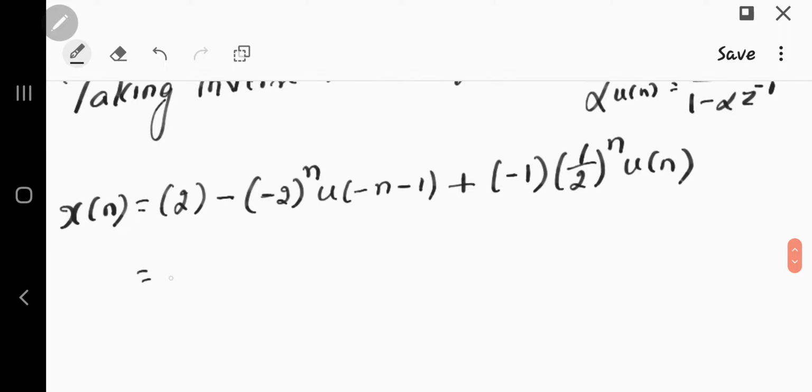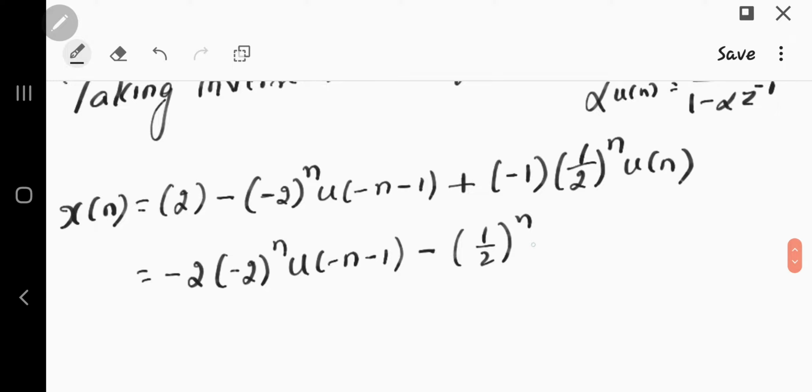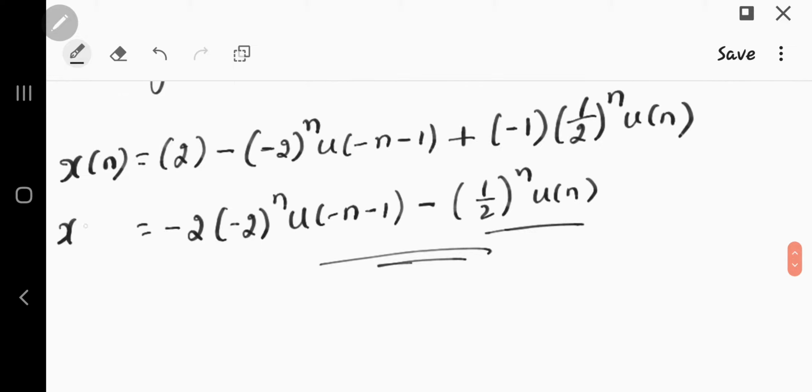Now simplifying that, you'll get 2 into minus 2 to the power of n, u of minus n minus 1, and plus into minus 1, 1 by 2 to the power of n into u of n. So this is the negative time sequence and this is the positive time sequence. So this is our x of n.